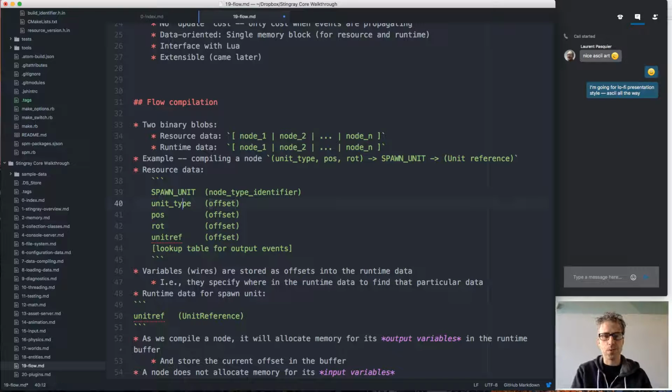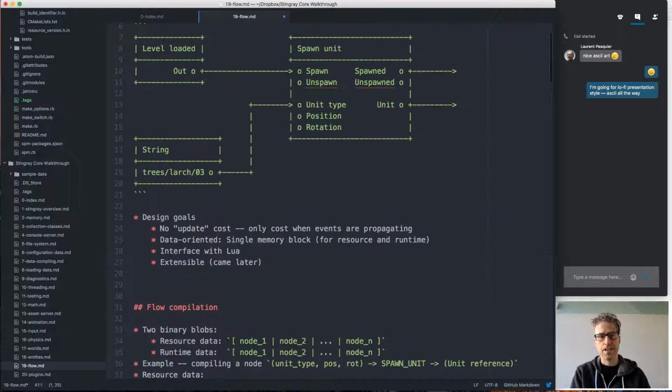The type here isn't stored directly in the resource data, and the reason is that the type isn't static. The type comes from some input here. Well, in this case, it happens to be static because it comes from a string node here. So we could theoretically do some constant folding or simplification of this and find out that this is actually static and could be stored in the node.